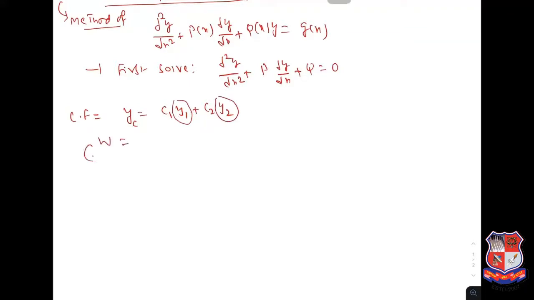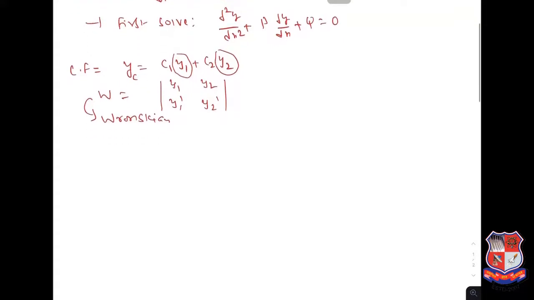Then we find W, it's called Wronskian, and that is nothing but the determinant with rows y1, y2 and y1 derivative, y2 derivative.